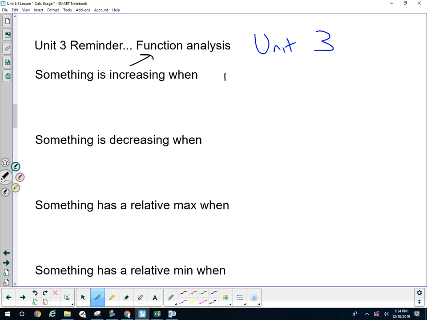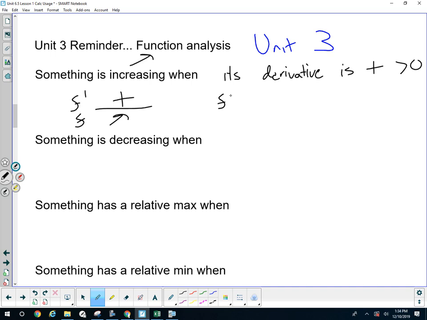Something is increasing when its derivative is positive, greater than 0. We've done things where f prime is positive. That means f is going up. That's how it works. It's not that f prime is increasing. It's f is increasing when f prime is positive.